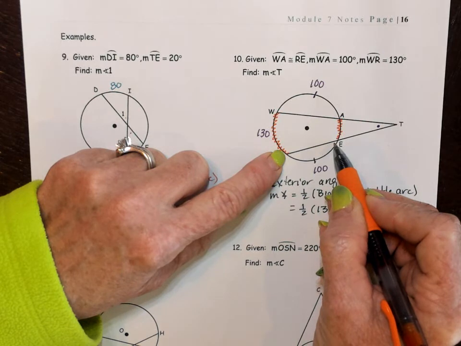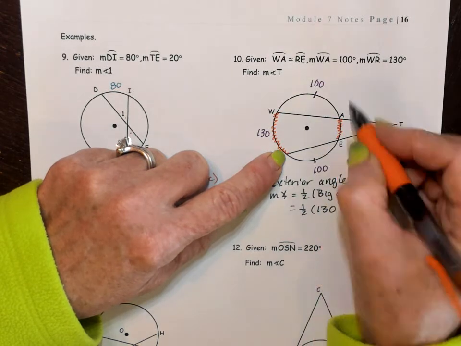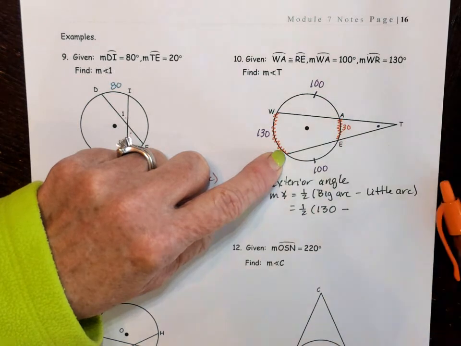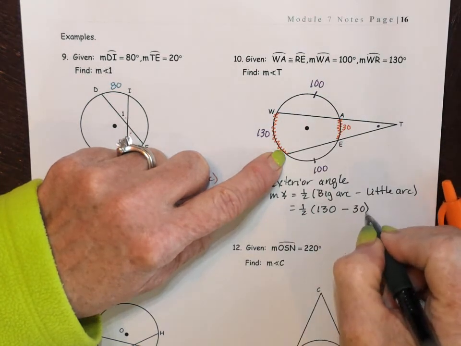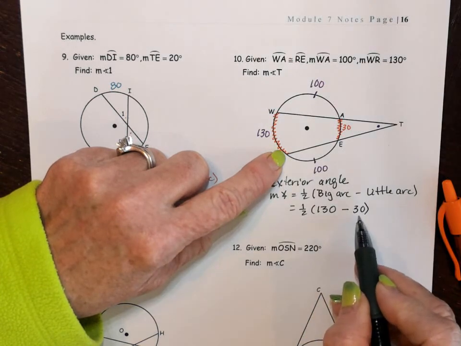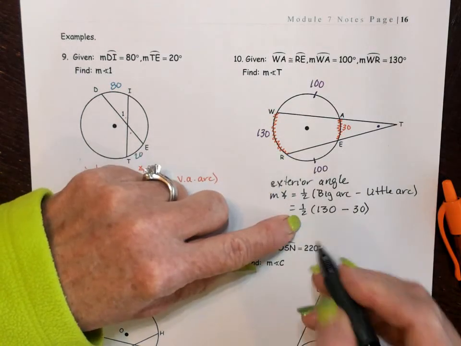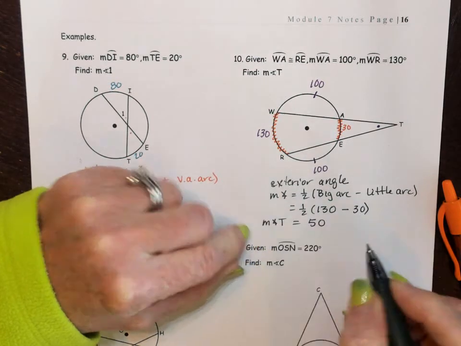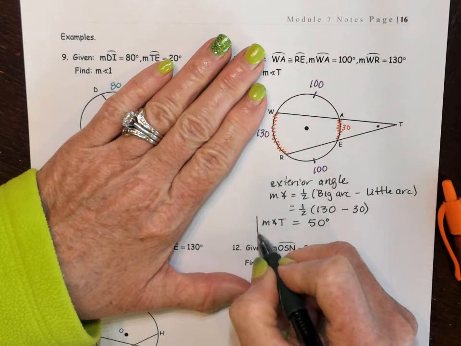So 360 minus 330 makes this 30 degrees. There's your little arc at 30. 130 minus 30 is 100. 1/2 of 100 is 50. The measure of angle T is 50 degrees.